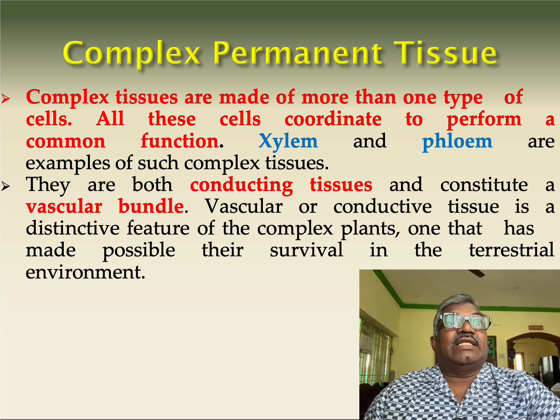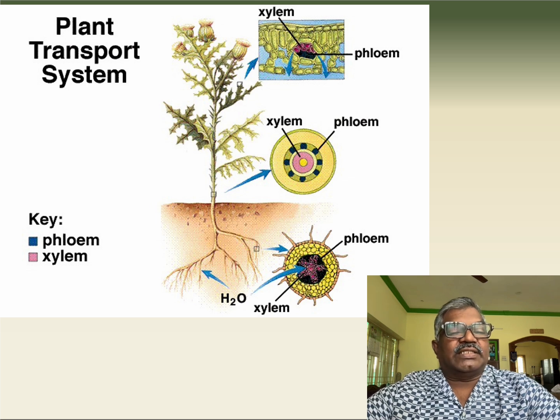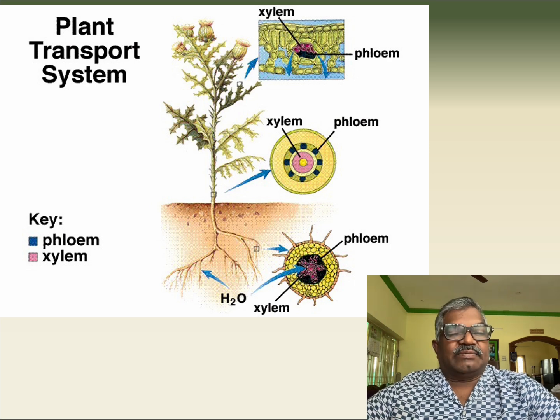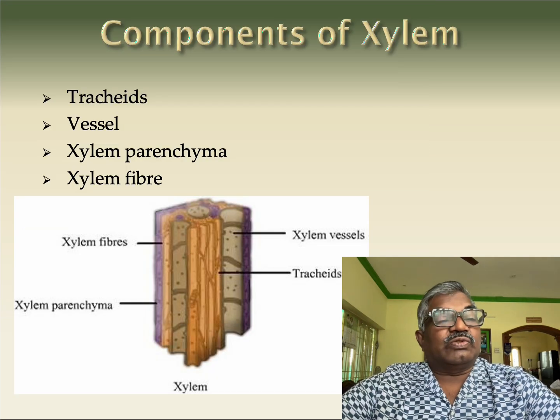Because xylem and phloem are made up of more than one kind of cells. You can see the slide here, the transportation system, xylem and phloem, and how water enters the plants through the roots. Through the xylem, water is transported, and through the phloem, the prepared food is transported.